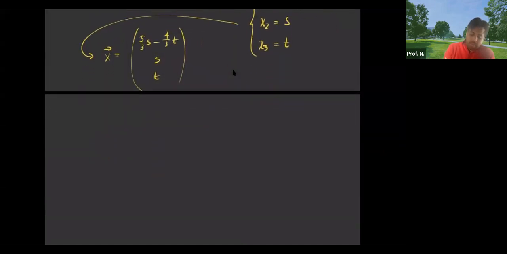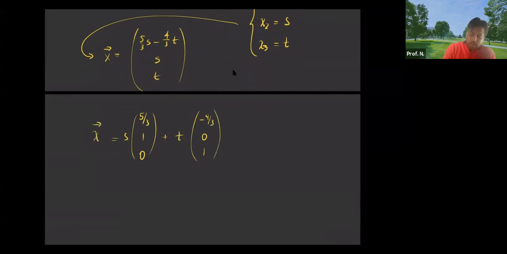And then we've been doing this, right? We've been rewriting these vectors in terms of s and t. This becomes s times 5/3, 1, 0, plus t times negative 4/3, 0, 1.